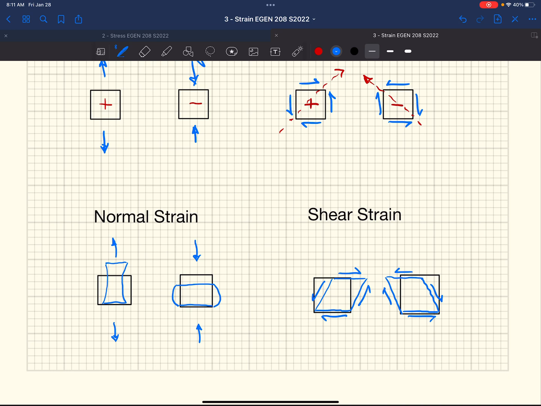With normal strain, we look at change in deformation of length or width. For shear strain, we look at angular distortion. A shear force is going to essentially distort this at an angle, make it rotate. That rotation is what we would call our shear strain, or the intensity of deformation from our shear force.